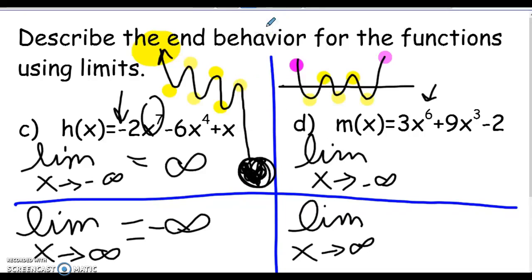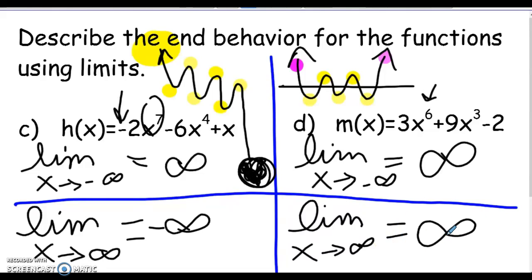As x gets smaller and smaller, the limit as x approaches negative infinity, what's happening to your y? Your y is going up forever to positive infinity. Then as x gets bigger and bigger, what's happening to your y? It's also getting bigger and bigger, so it's going on to infinity. And that's how we find end behavior.